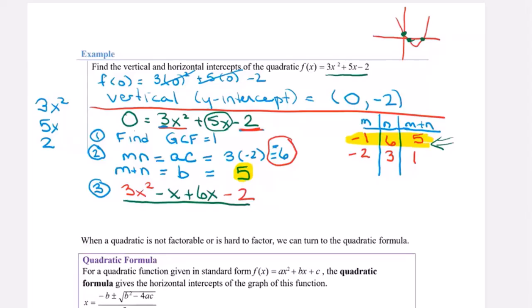Now I factor by grouping. So what do I do? I group the first two terms together. Always put a plus between them. I group the second two terms together. Okay, hold on a second.